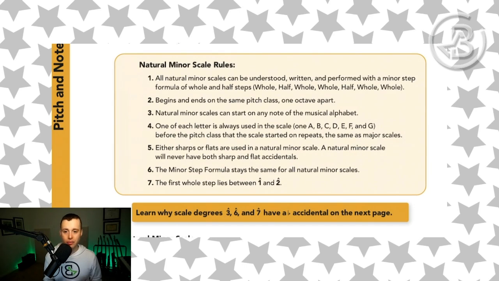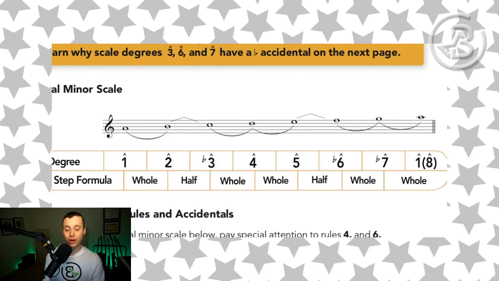And just like with the major scale, the first whole step happens between scale degree 1 and scale degree 2. In the next lesson, we're going to break down and understand why there is a flat accidental in front of scale degrees 3, 6, and 7, in addition to understanding more about the natural minor scale. I will see you there.